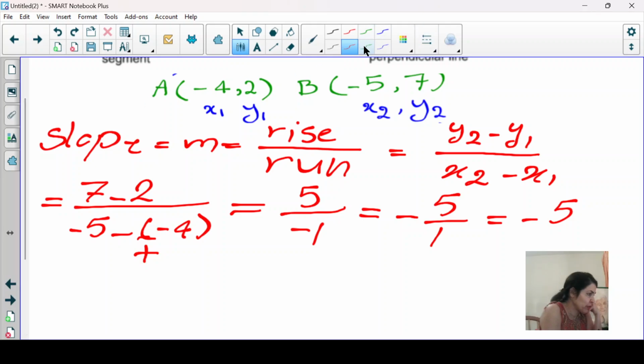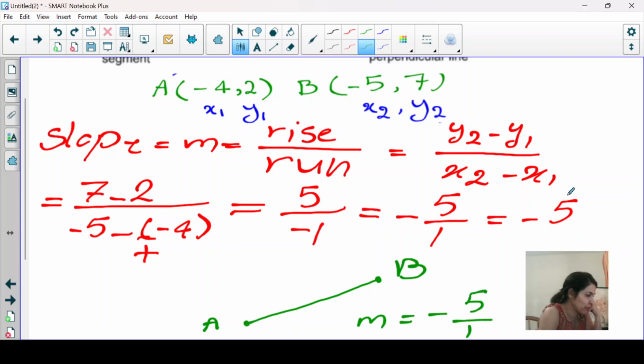You have AB, so assume that this is A and this is B. The slope of this line is M equal to negative 5 over 1, or negative 5.